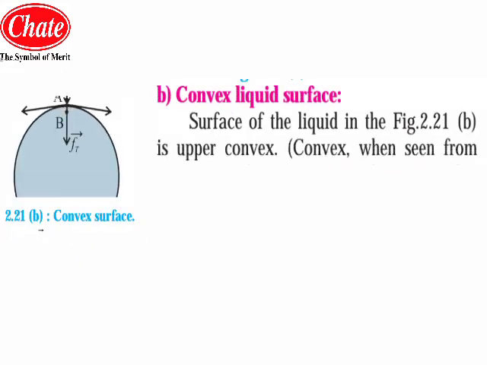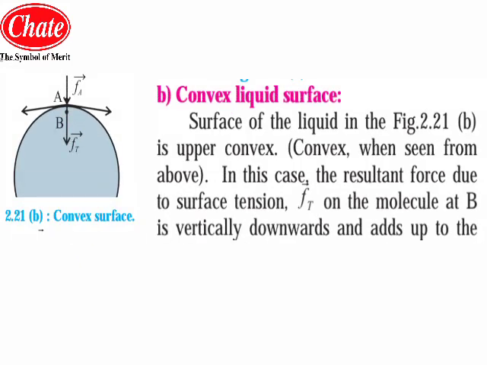Now students, the next case we will see is the convex liquid surface. As you can see in the diagram, the surface of the liquid is convex, meaning it is convex at the upper side.